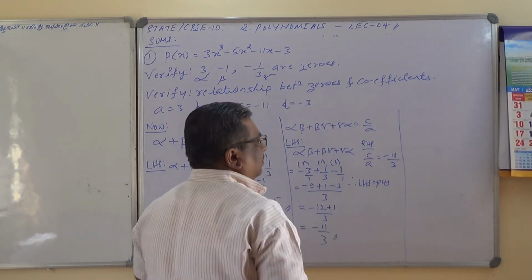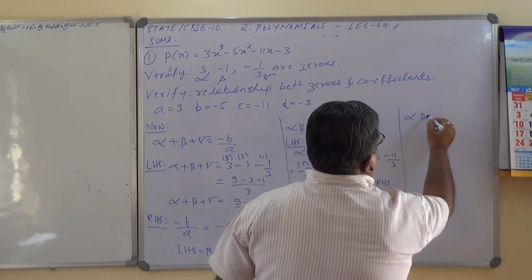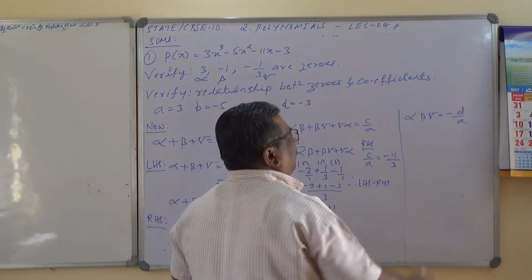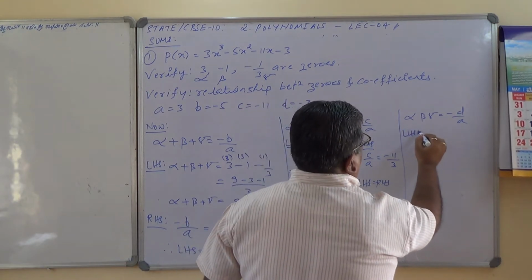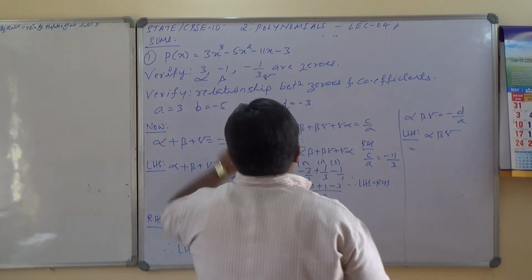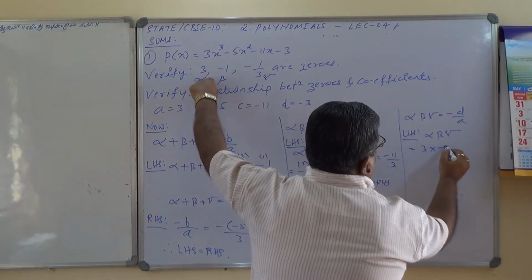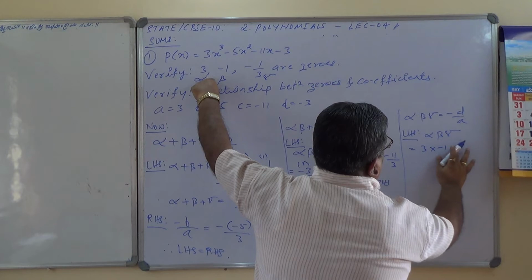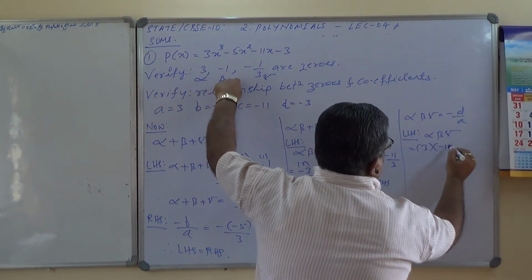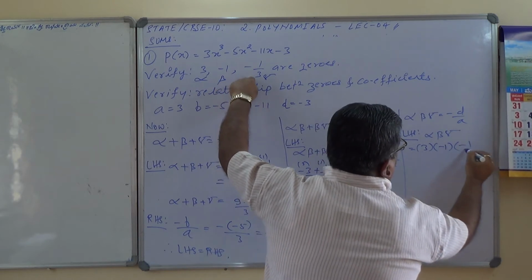Third one, alpha beta gamma equals minus D by A. So LHS: alpha beta gamma equals 3 into minus 1 into minus 1 by 3.